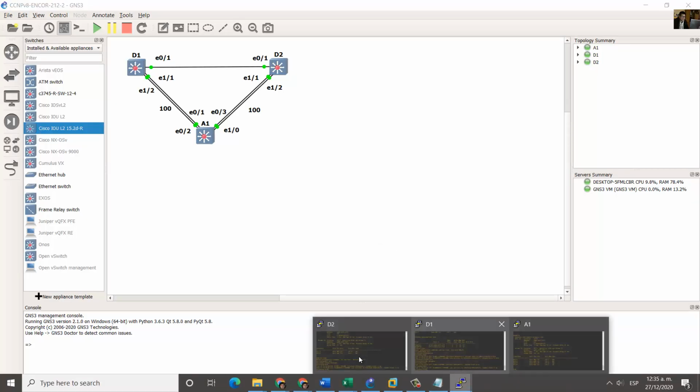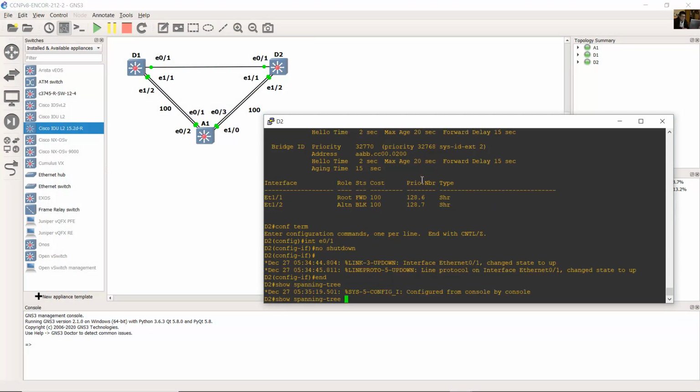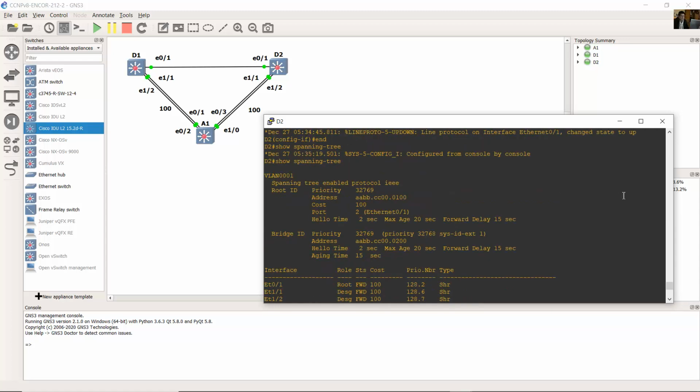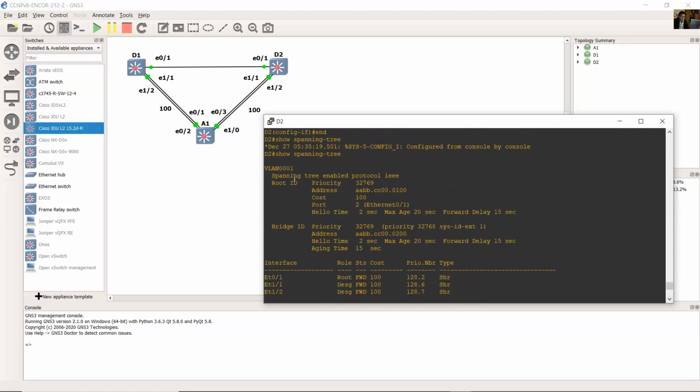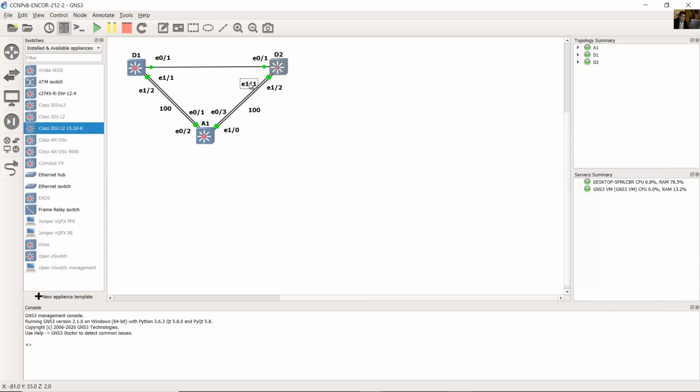Go to D2 and show spanning tree. For VLAN 1, you have two designated ports, Ethernet 1/1 and Ethernet 1/2.